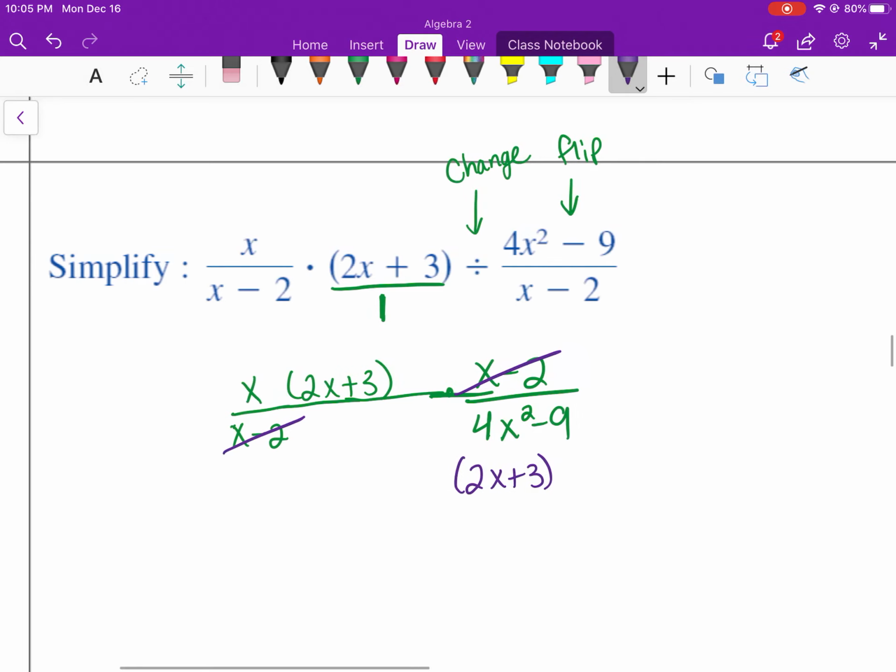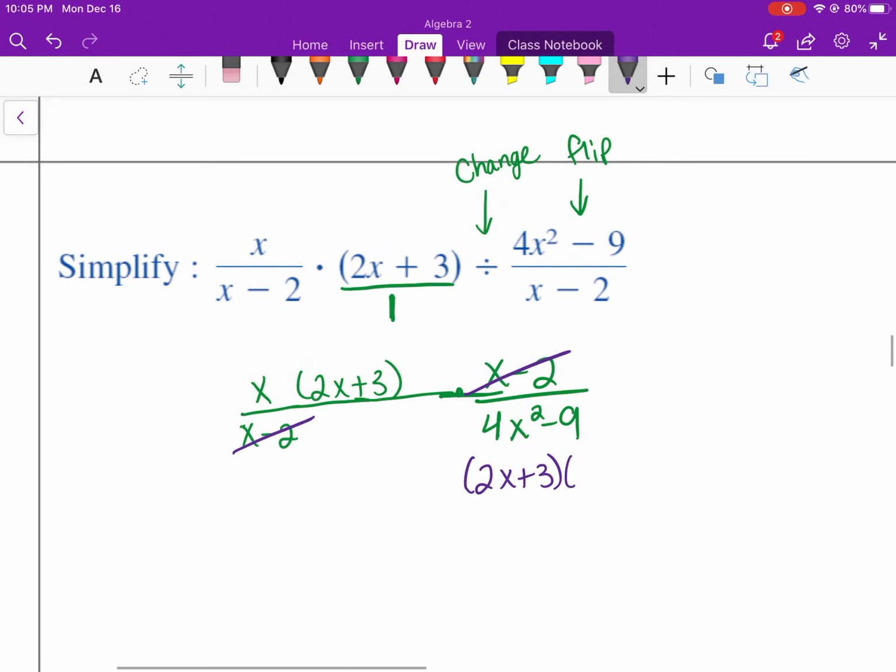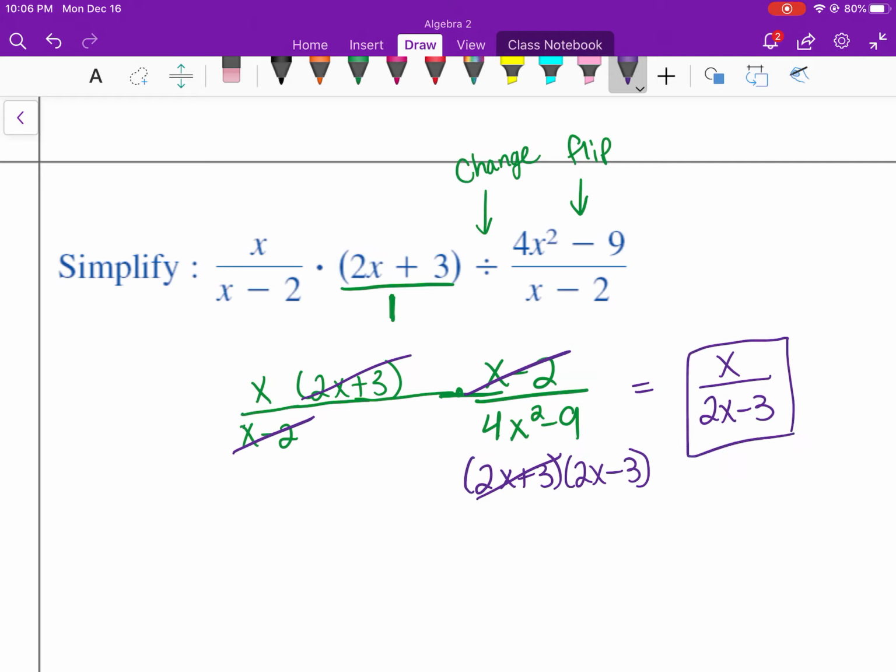It's going to be 2x plus 3 and 2x minus 3. So then I have a 2x plus 3 and a 2x plus 3 that simplify. So then I have x over 2x minus 3. And that's it for that one.